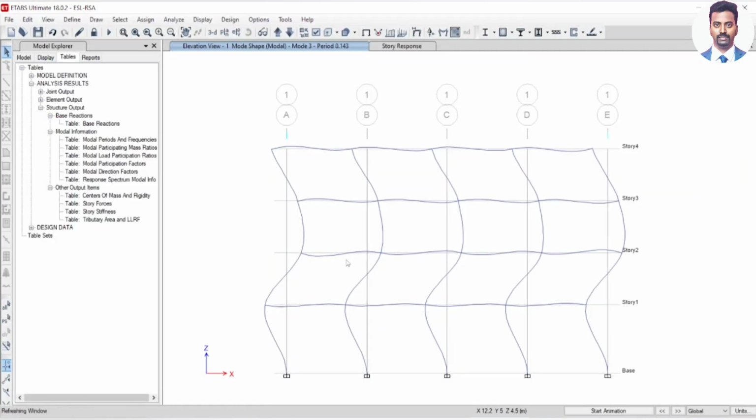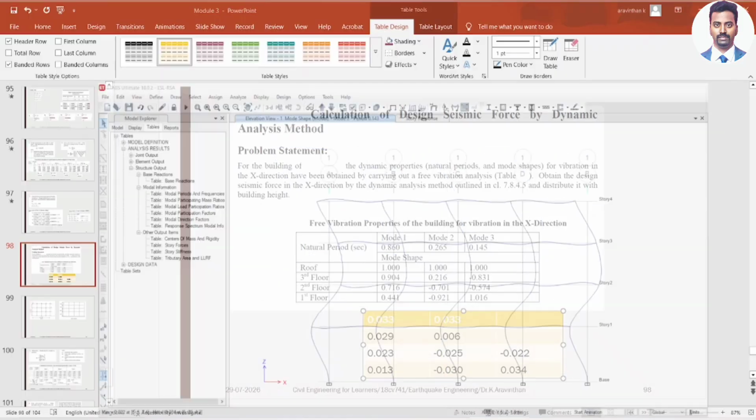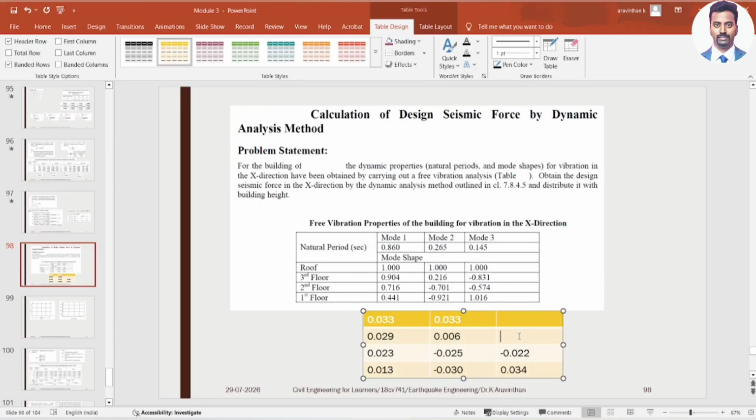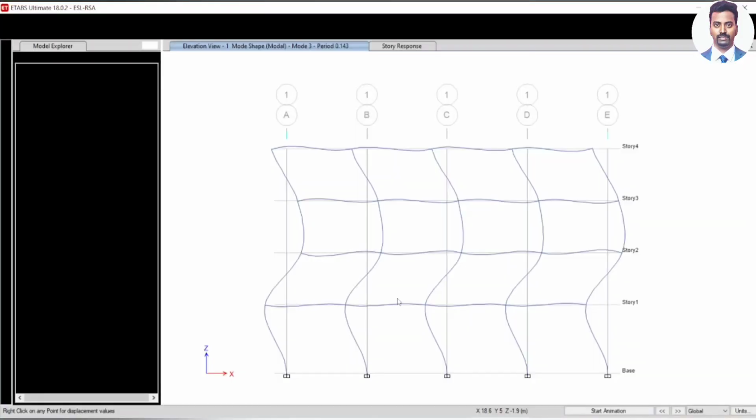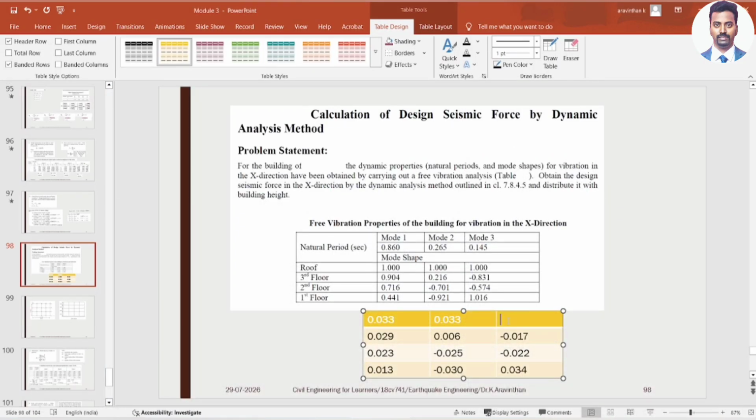And this is minus 0.017. Last value is plus 0.024. Now we got all the raw data.